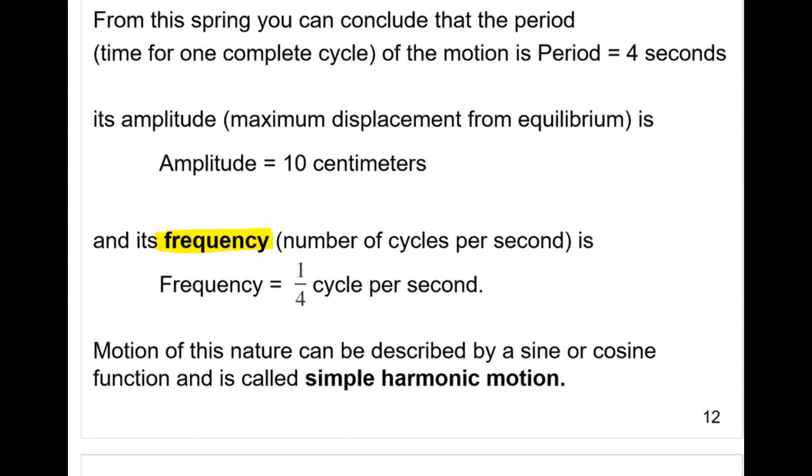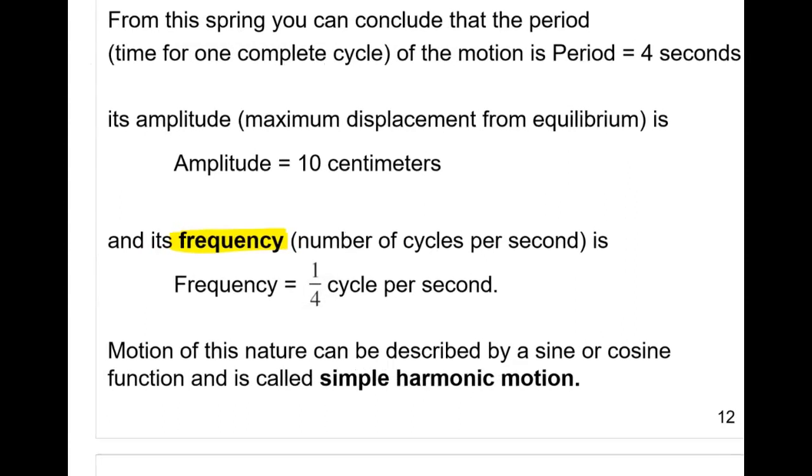So going back to the definition, the number of cycles per second, that will be the frequency for that harmonic motion: 1/4 cycle per second. Also, as we mentioned previously, the amplitude is 10 centimeters, and it is the absolute value of the maximum negative distance or positive distance.